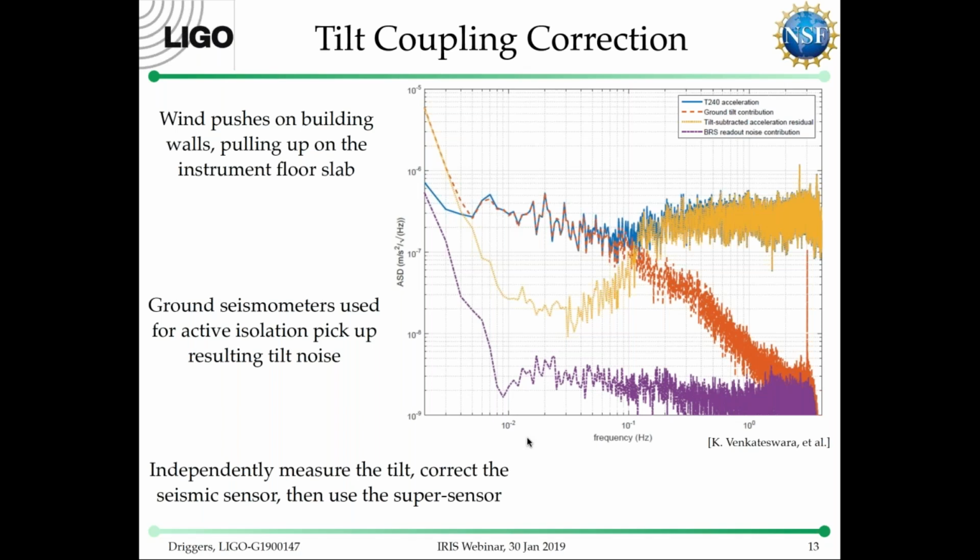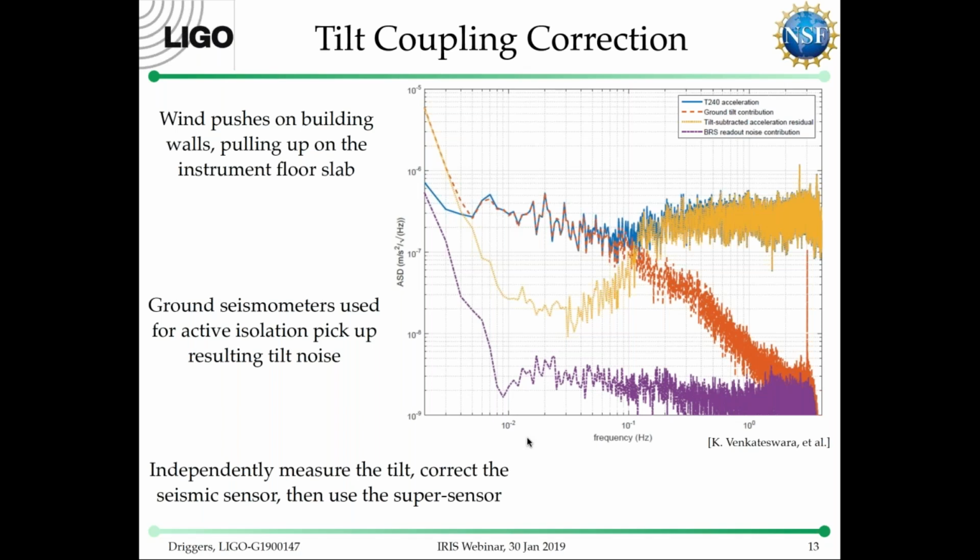And if you subtract those two, then you get this yellow dotted dashed curve. And so you can see that the true horizontal motion is really much less than the T240 is natively reading out. And so that's almost an order of magnitude of noise that we would have been injecting into our seismic isolation tables that now we don't have to because we have these independent tilt measurement devices.